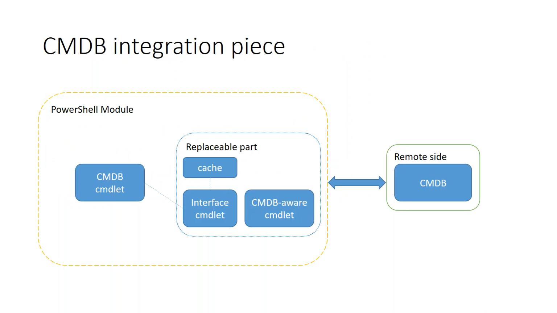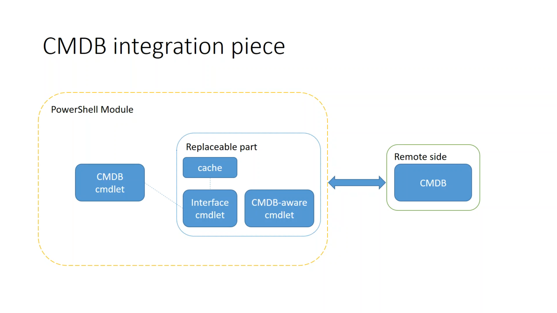Okay, so let's look at what we're going to do in this episode. On one hand, we're going to build a PowerShell module which will be able to talk to some third party. We are going to try to make this component that talks to the remote side replaceable.